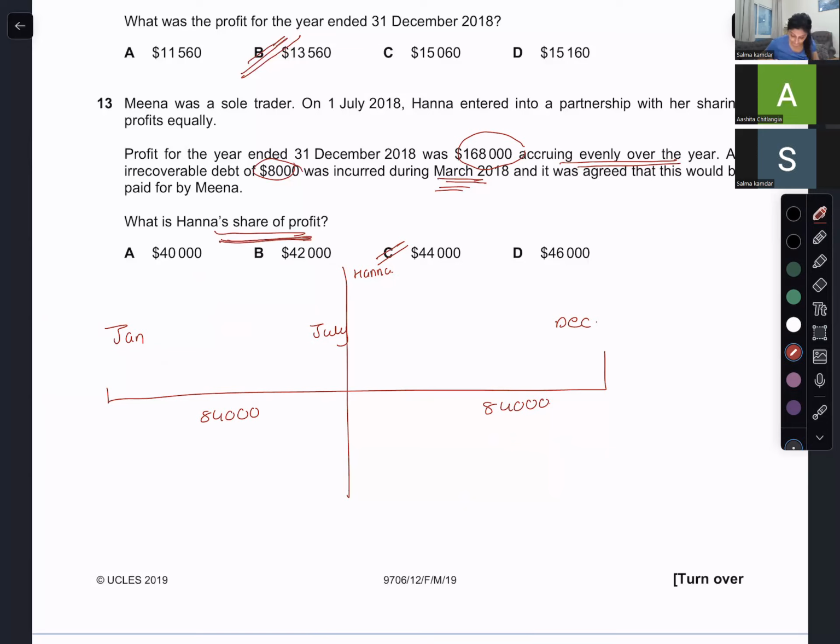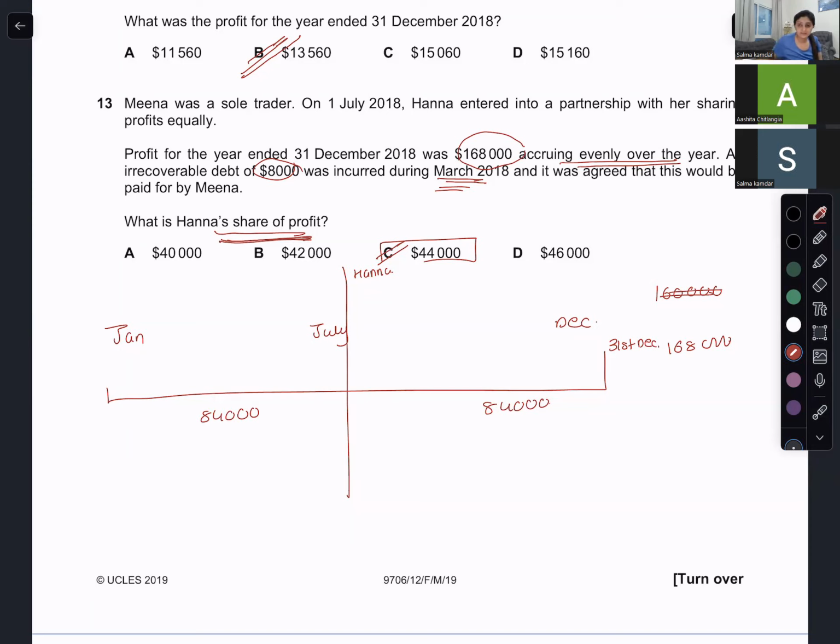I understood this. Now listen to me. They said 168,000 was the profit on 31st of December. Are you with me? Are you with me, Ashita?